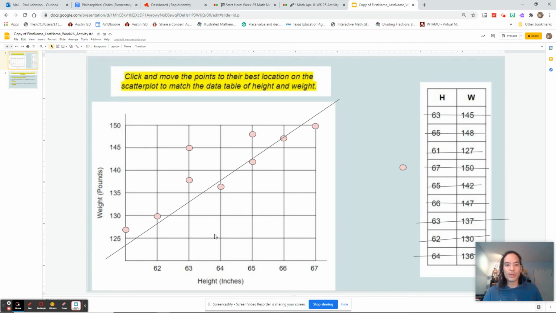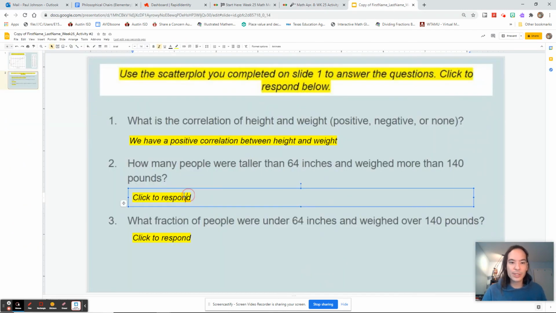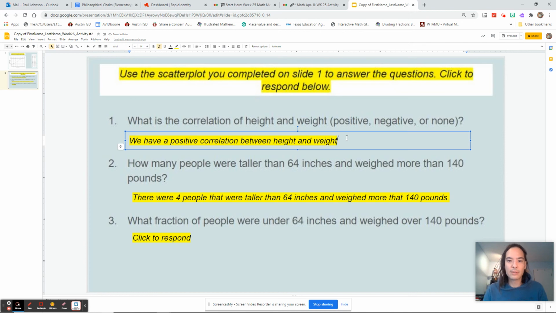So all four people that were taller than 64 inches weighed more than 140 pounds. So how many people are taller than 64 inches and weighed more than 140 pounds? There were four people that were taller than 64 inches and weighed more than 140 pounds. I really appreciate it if you use complete sentences, because why not practice?